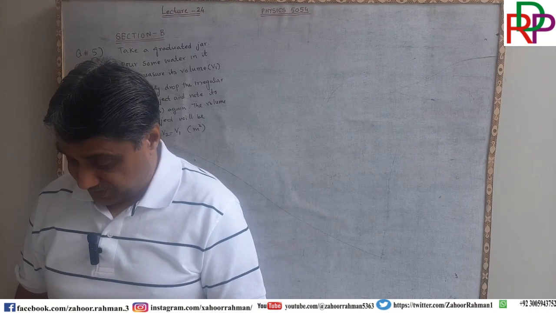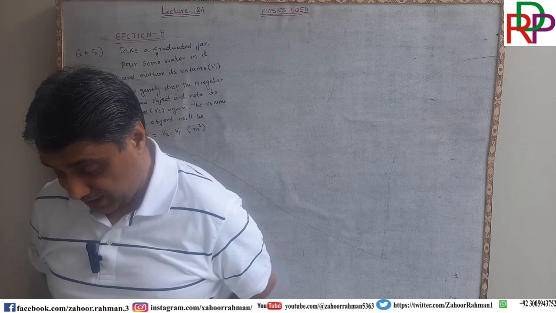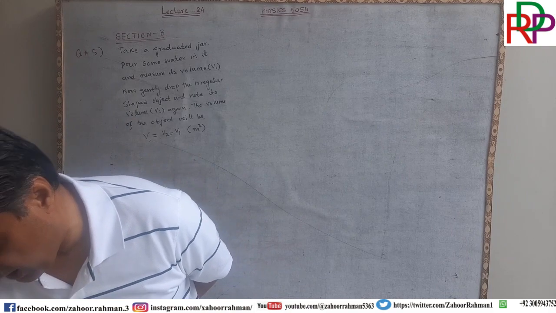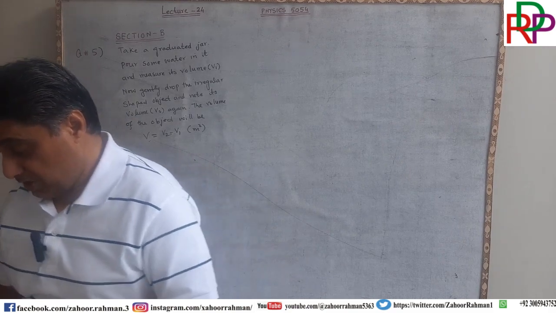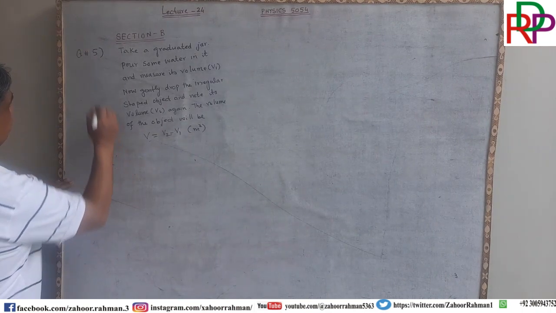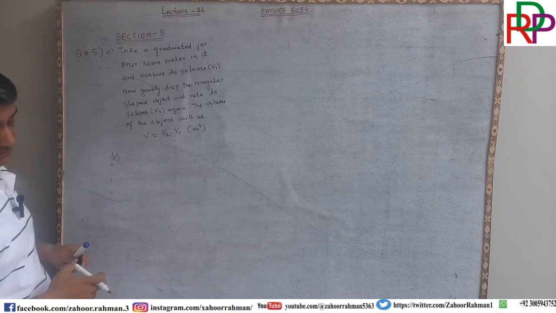Part B is saying a measuring cylinder contains 100 centimeter cube of water. So we are writing the data for B part. That was the A part, and this is the B part.